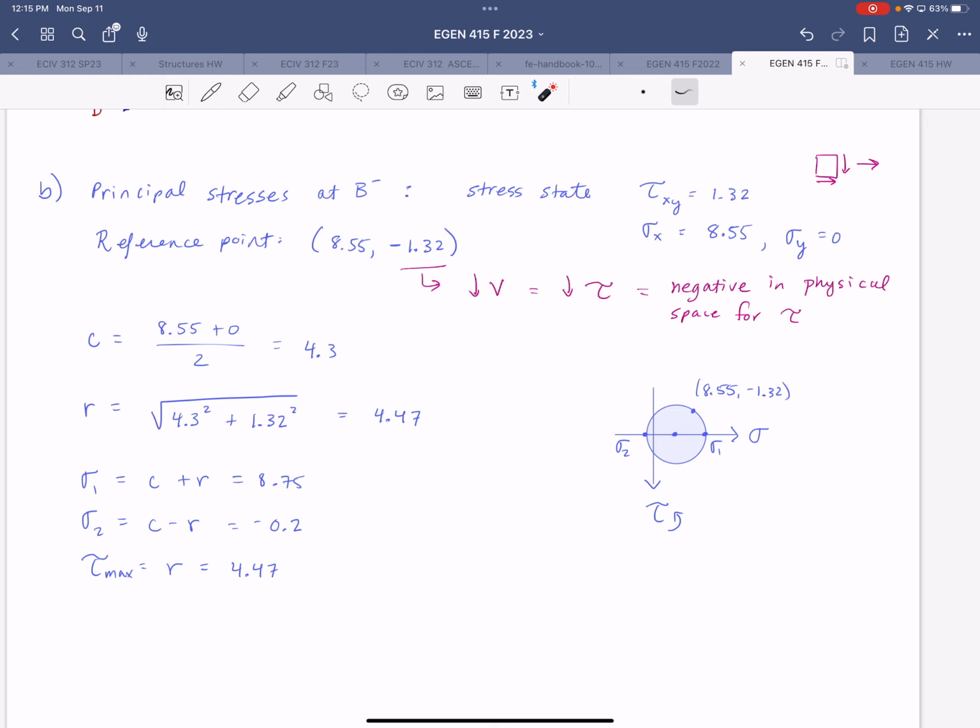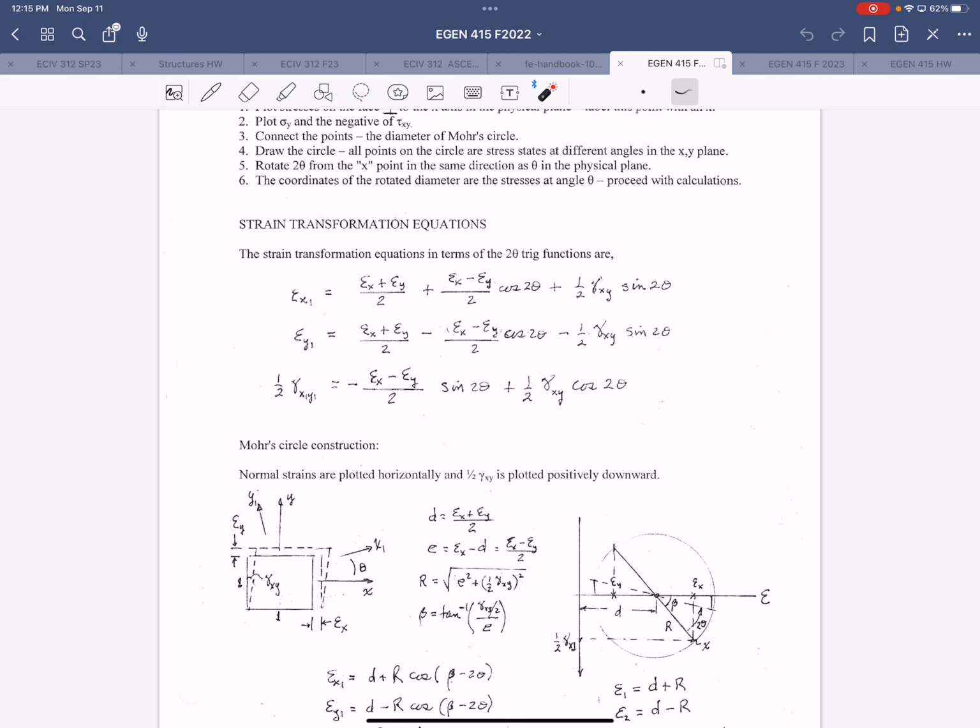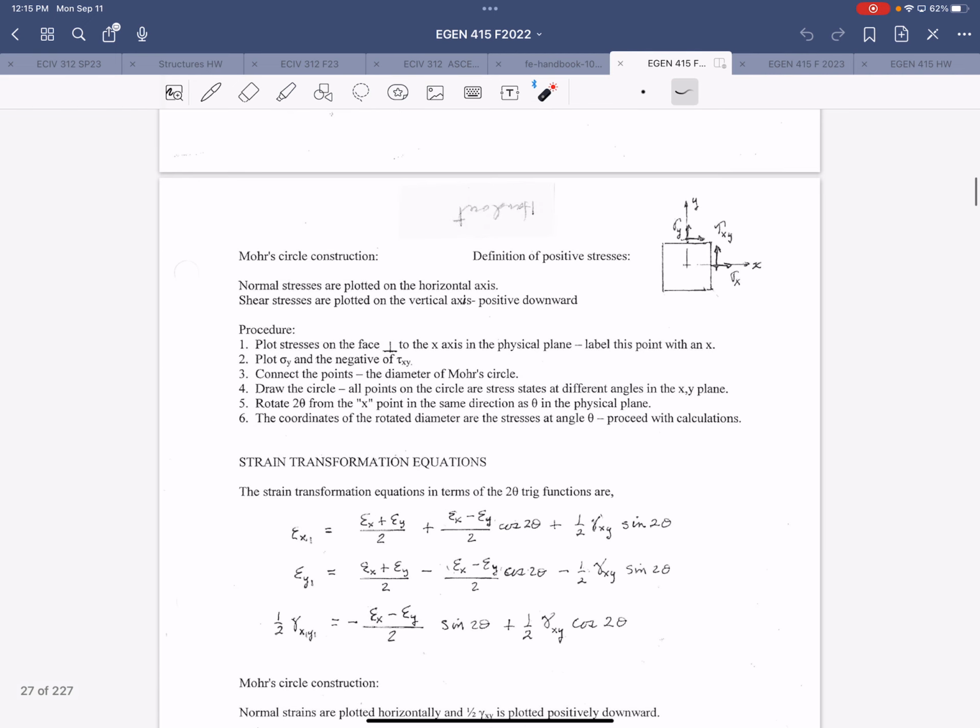That means, if we go back to the Mohr's circle lecture, this is one of the examples that was in the handout from that lecture, where everything is just laid out.